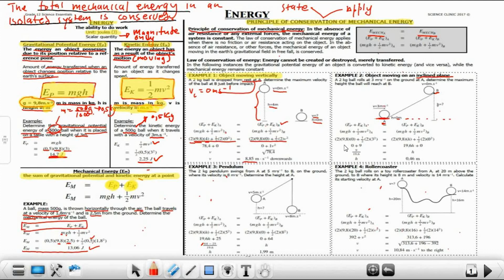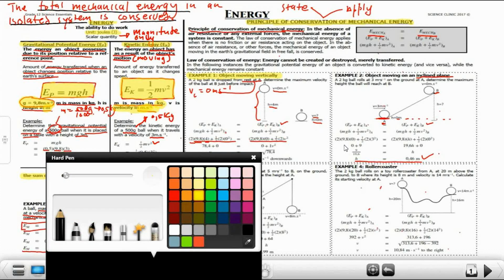Then we are interested in getting the height at B. This is a different set of question, but still we must start applying the conservation of mechanical energy. Then everything will be fine and easy. Your final answer should be 0.46.